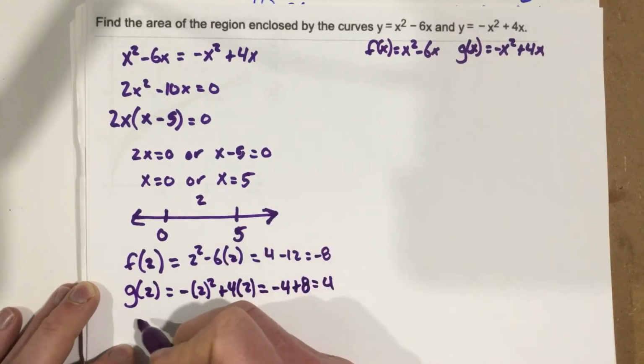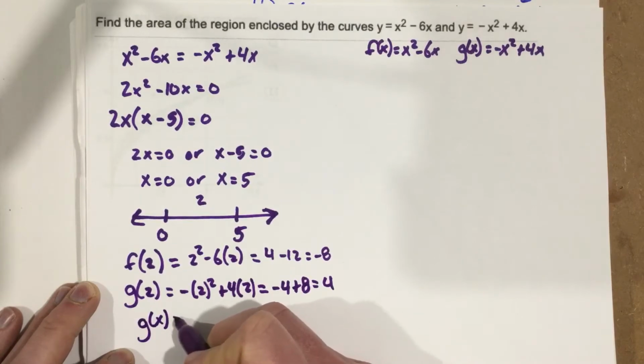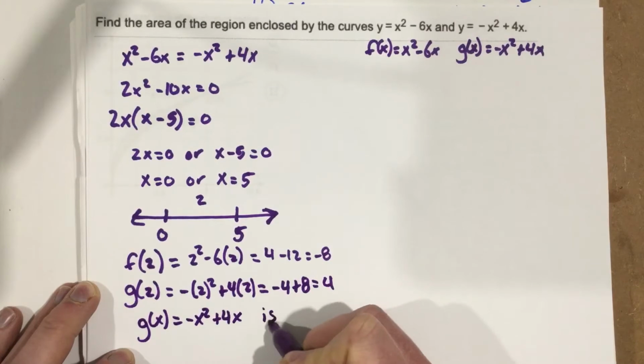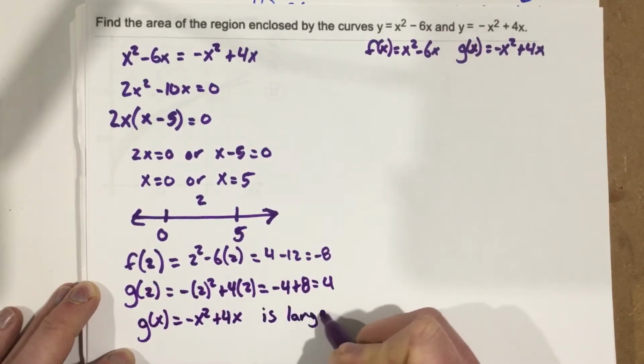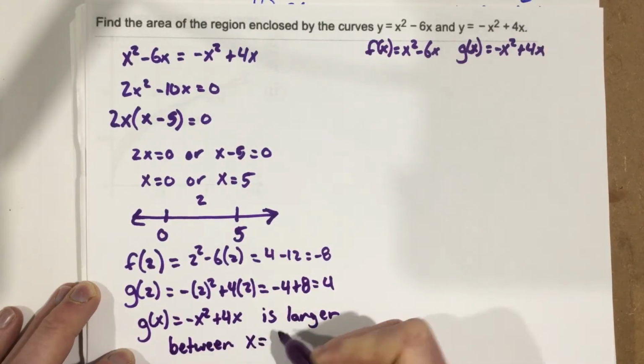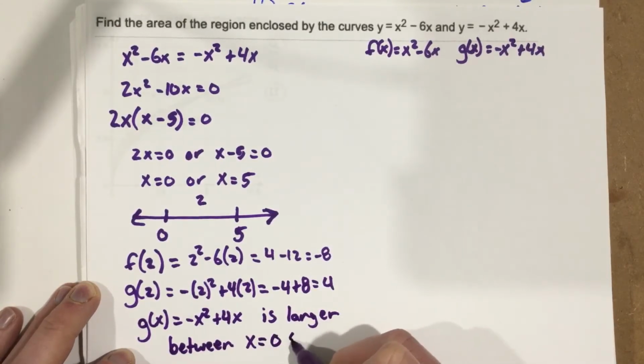So we're going to say that g of x equals negative x squared plus 4x is larger between x equals 0 and x equals 5.